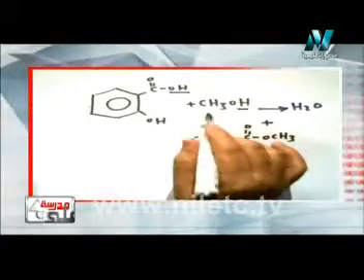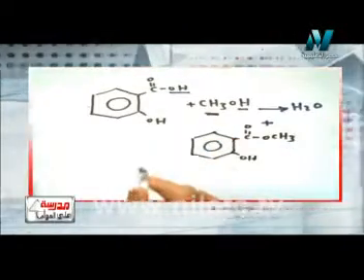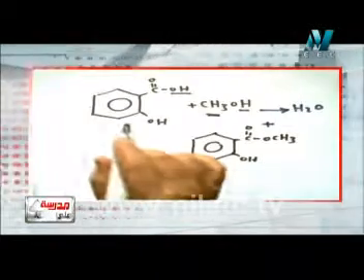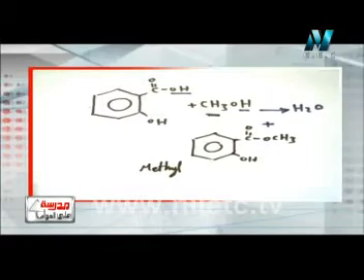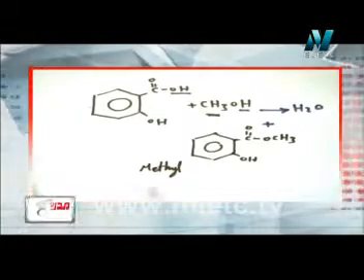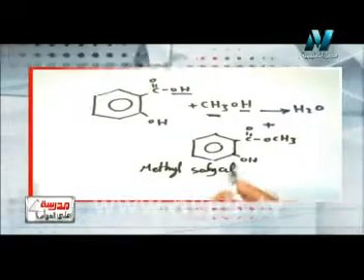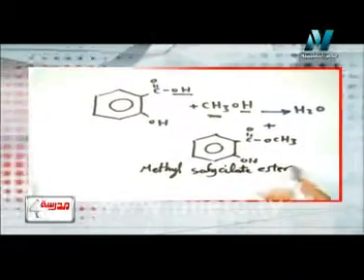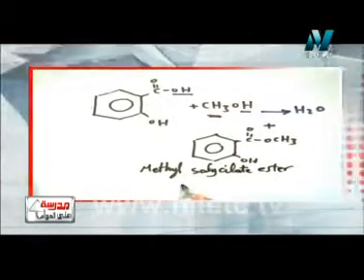We take the alkyl of the alcohol, methyl, so it is called methyl. And the radical of the acid, salicylic, is called salicylate. So it is called methyl salicylate ester.